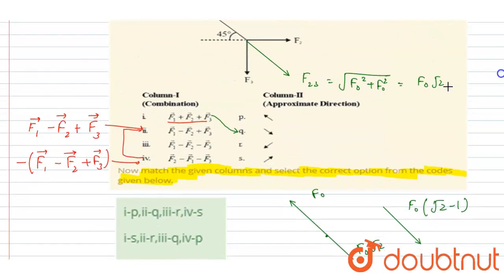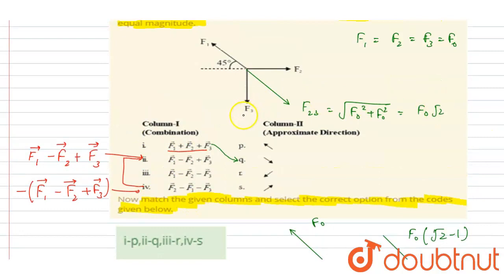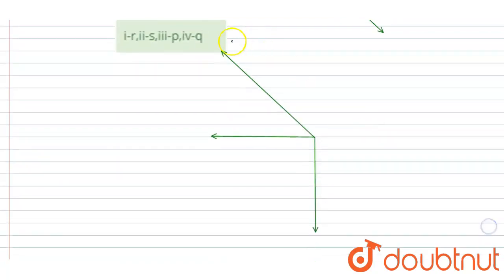So if you see here the option, this is F1 minus F2 plus F3. So this is F3, it remains the same, F1 remains the same, F2 is inverted.